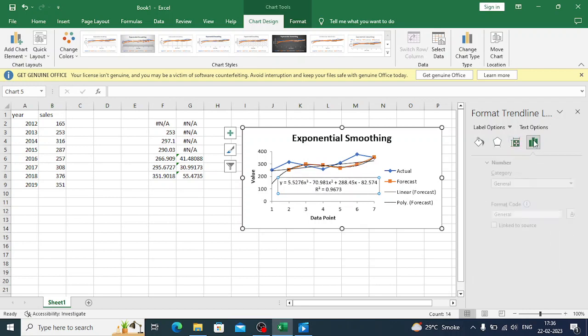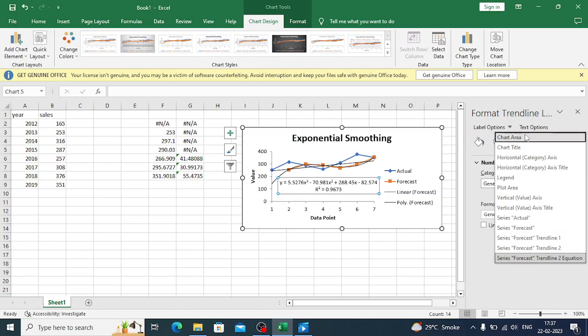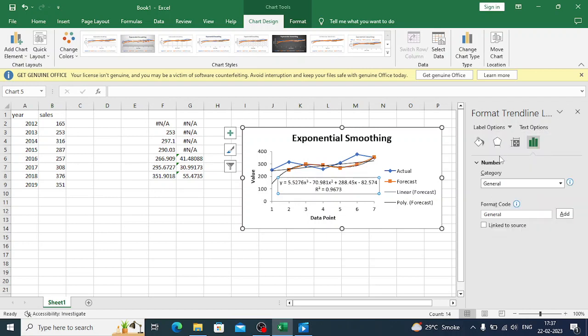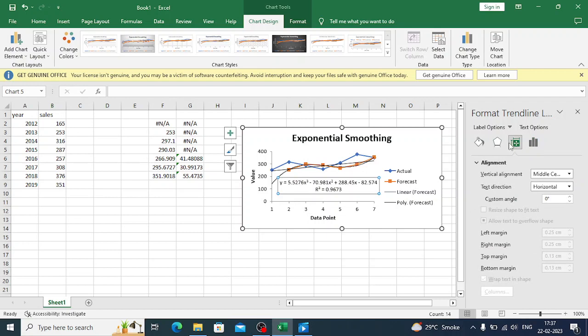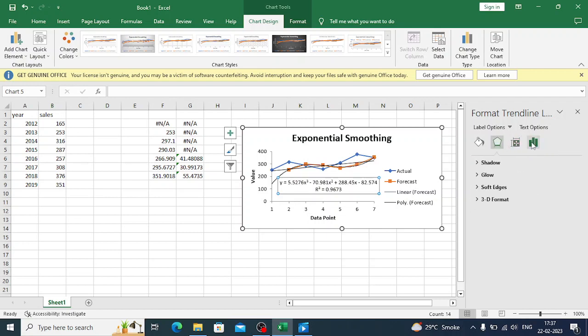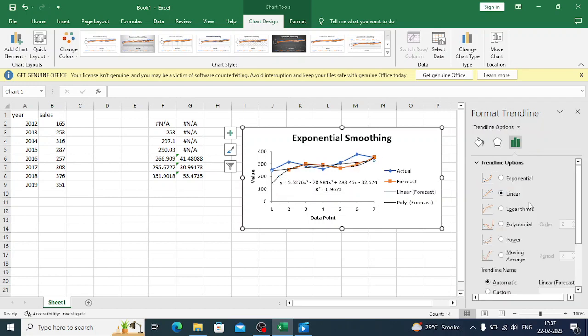Okay, so next I can change this to linear equations. To go for this chart line, again you have to select that option.